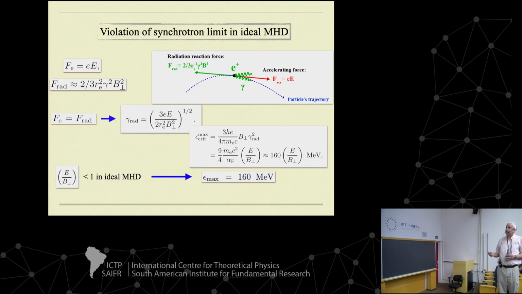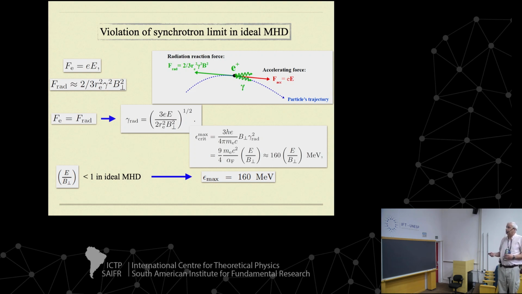So the maximum energy that a particle can have, if we take into account the back reaction force of the radiation, is obtained just by equating these two equations. And we get this maximum Lorentz factor. Now, in ideal magnetohydrodynamics, the value of the electric field divided by the value of the magnetic field should be less than 1.